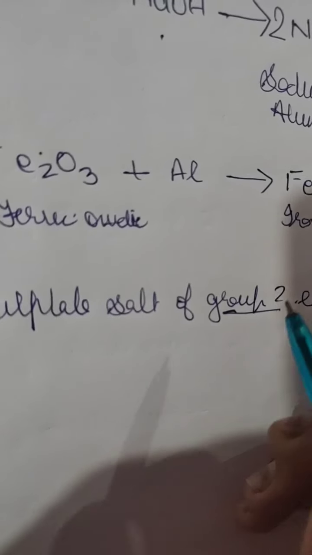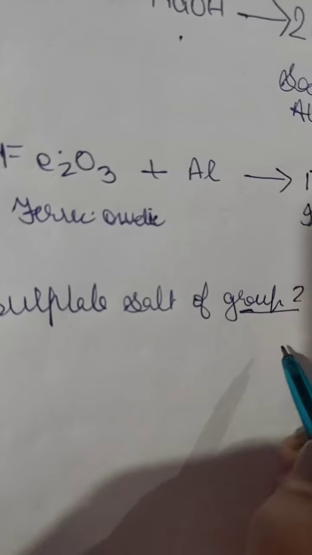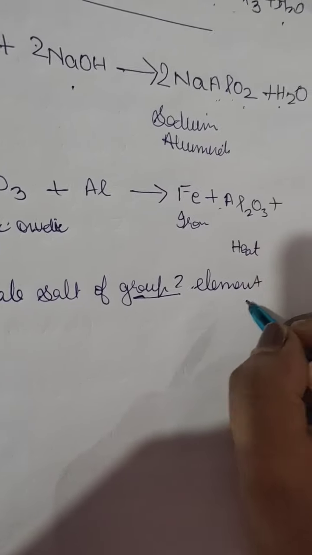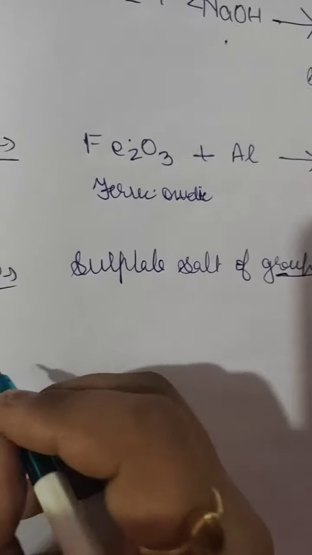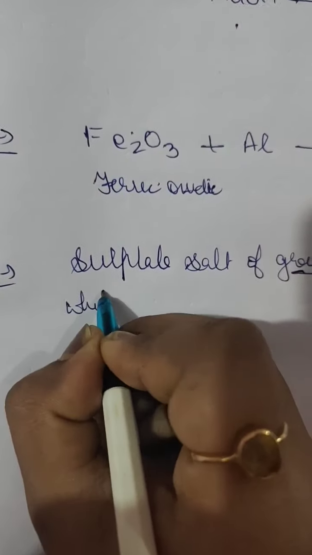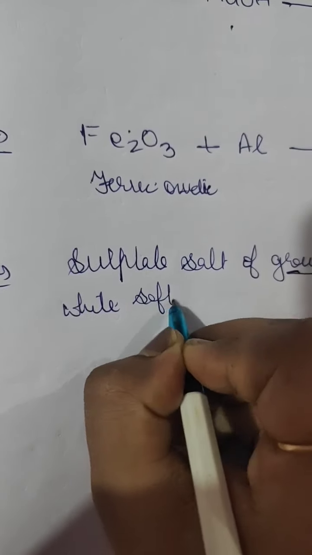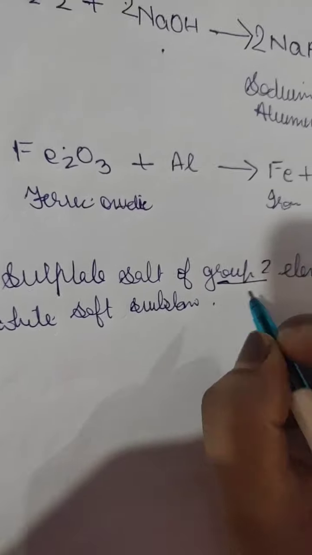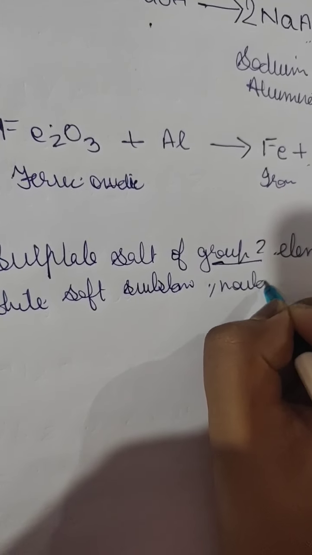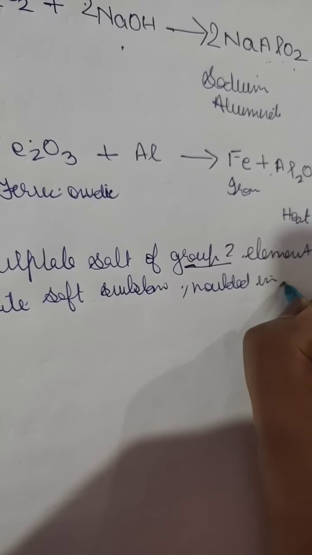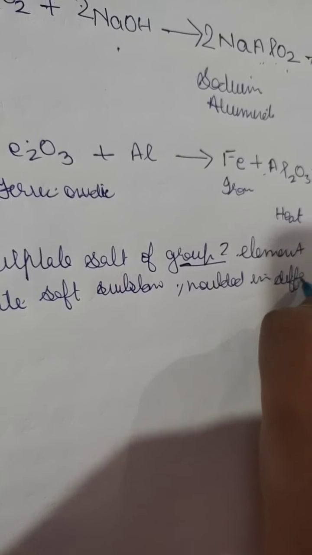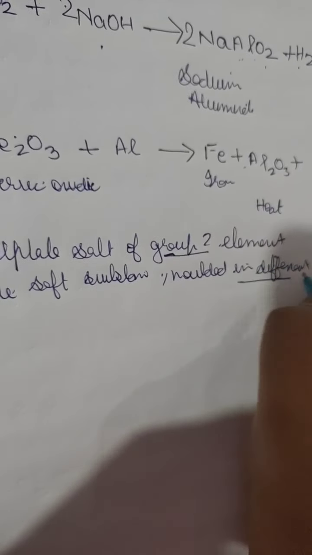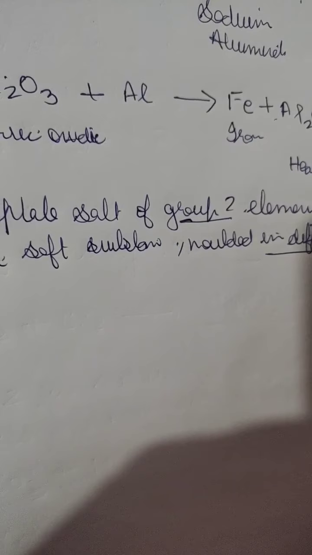So there is a sulfate salt of a group 2 element of the periodic table, which is a white soft substance. So it can be molded into different shapes. So whenever this will come, you have to remember about plaster of Paris, which we have done.